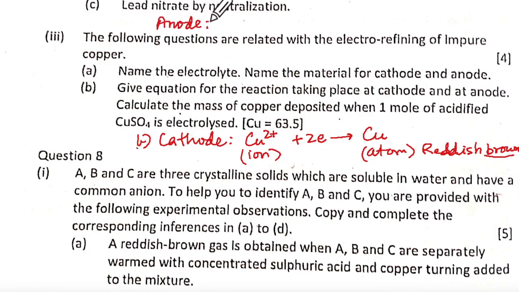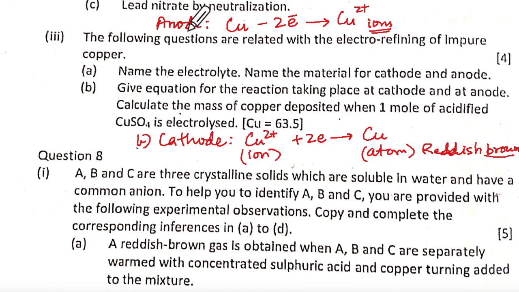Now at anode, what is going to happen? Active Cu electrodes, so Cu loses 2 electrons to form Cu2+. Correct or no? These are ions. Now the tricky part is, they can ask you the ions discharged at cathode. Cu2+ gets discharged. Understanding?